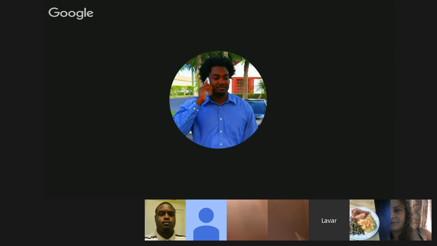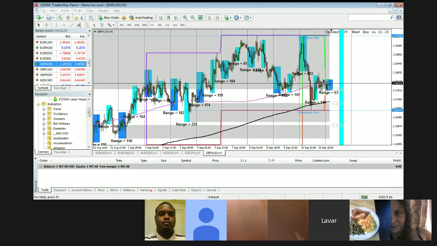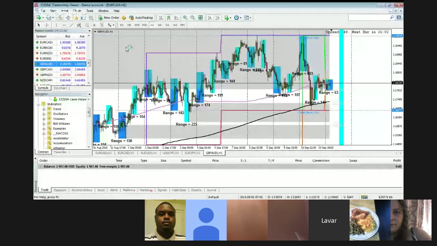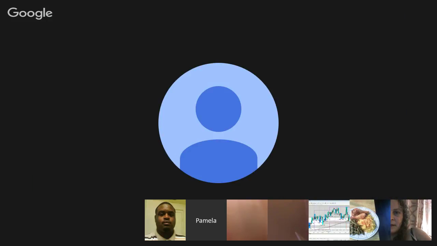Where is it, this little small horizontal line? Where are you getting these indicators from? I don't really place my trades from my computer. I place them most of the time from my phone, and I look at the charts, but I don't like playing around with the computer because it messes me up.